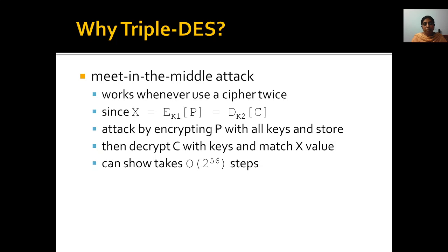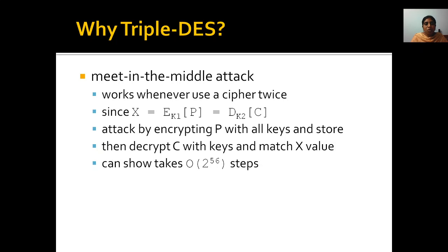He need not break all 112 bits; if he knows only a 56-bit key, he can easily get the data, either the ciphertext or the plain text. So that was the disadvantage of using double DES.